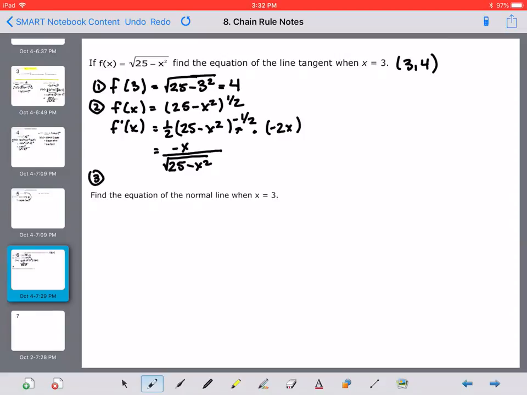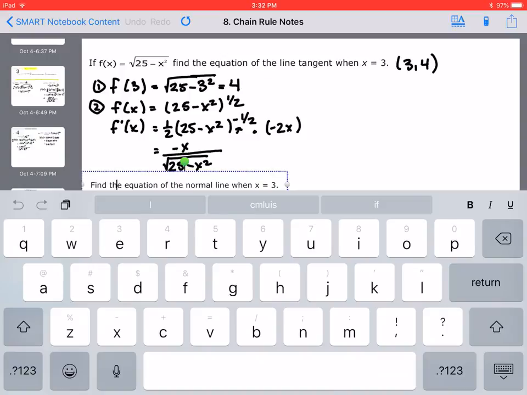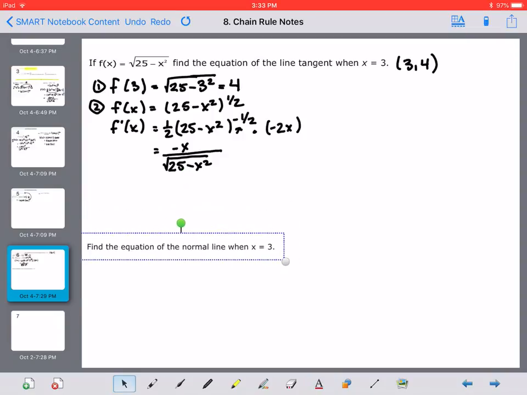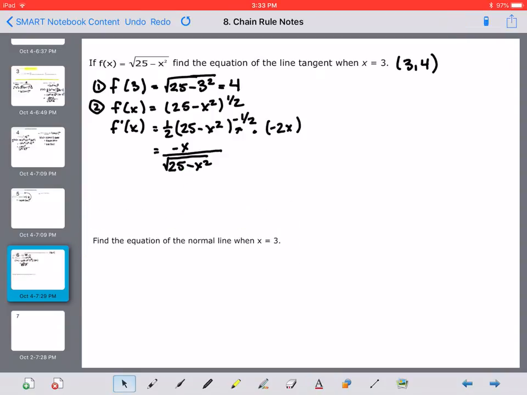Step 3, let's see if I can move this down. Okay, so right there, just move it down a little bit. If you need more room, use a post-it note. Okay. So my step 3 is the plug-in to figure out the slope. So I'm going to take the value that I know, the 3, and plug it in.